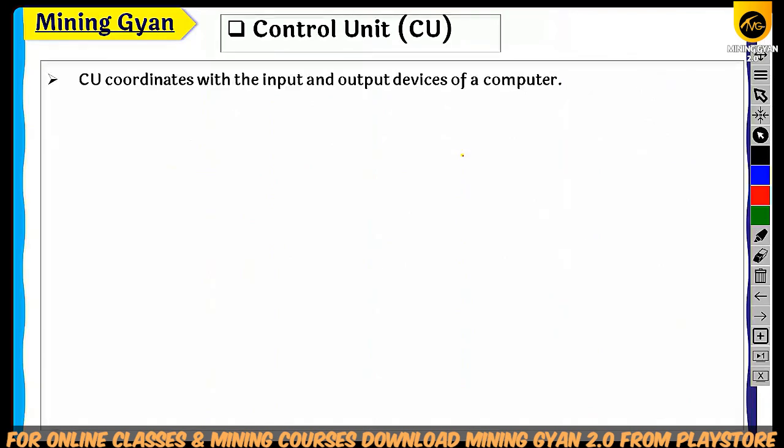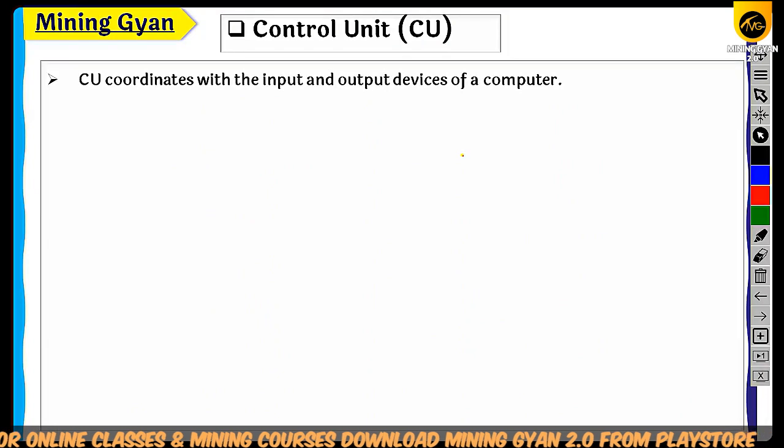The second one is the control unit. Basically the control unit coordinates with the input and output devices. Basically ये क्या करता है, बैलेंस करने का काम करता है. Okay, so it balances the procedures or performance of the CPU between the input and output sections.